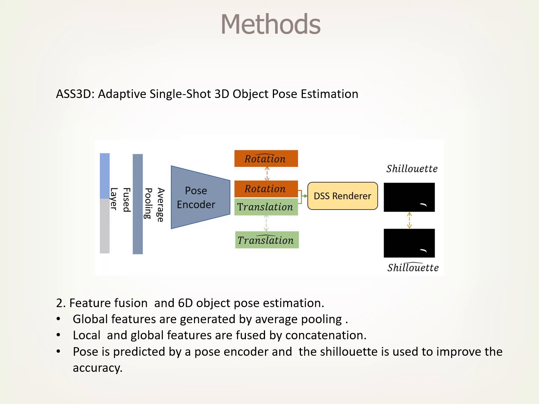After that, the features are fed into a pose encoder, which directly regresses a rotation and translation. The predicted pose is used for rendering the object and deriving its predicted silhouette. This allows using an additional supervision signal during training, which increases the overall performance of the model.